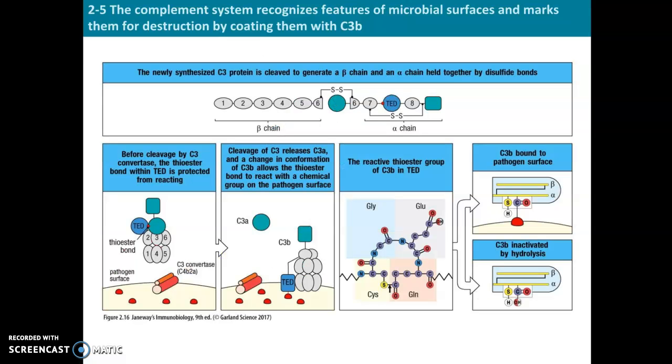So some of what I just talked about, the deposition of the C3, is because of the thioester domain inside of the C3b. Once it gets exposed, it can cause a covalent linkage of that domain onto the surface of the pathogen.